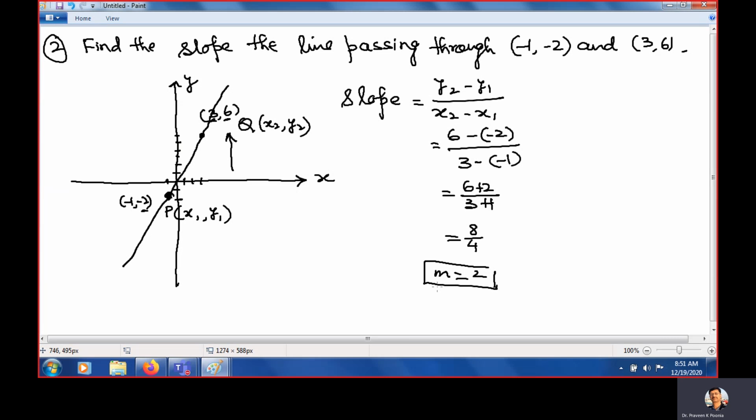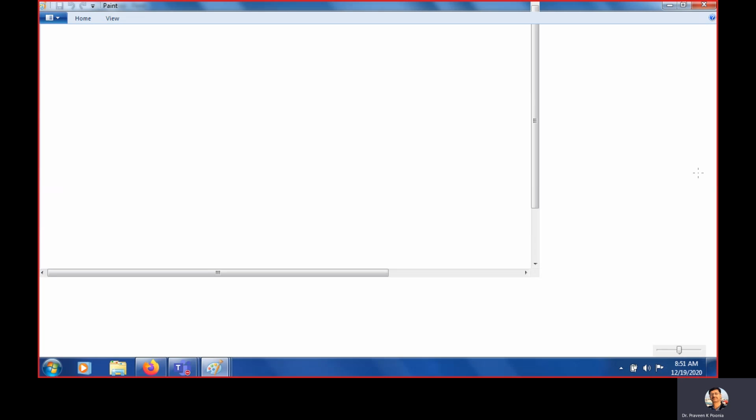So this is negative, positive. Now we are going to solve another question where the slope is 0. The question number 3.